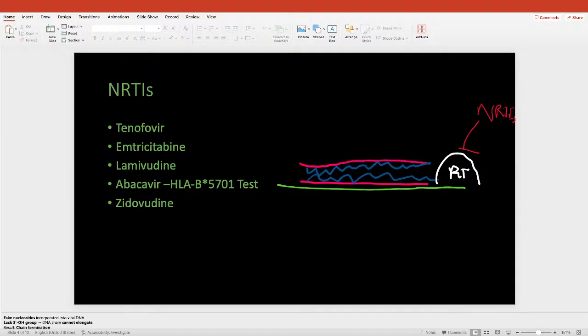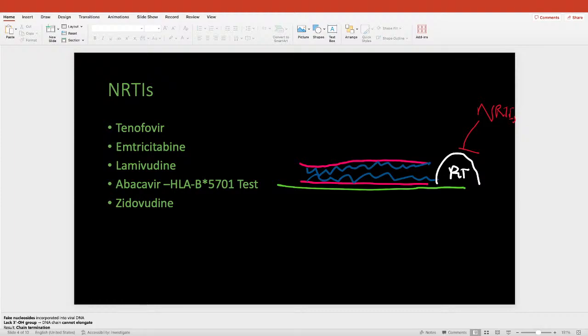You can also see that with that particular medication there is a pharmacogenomic test that is used, and that's an important one to know for the test: the HLA-B 5701. So understand that for abacavir.